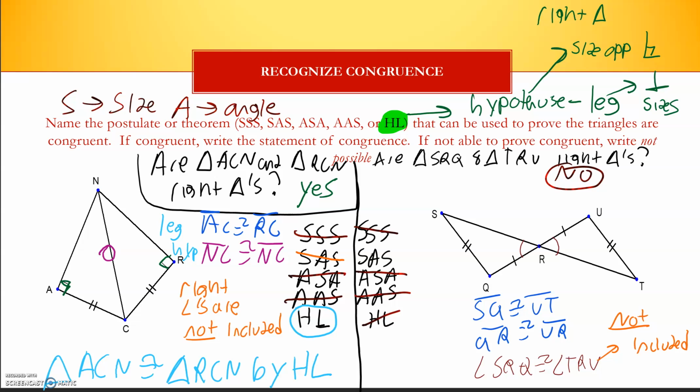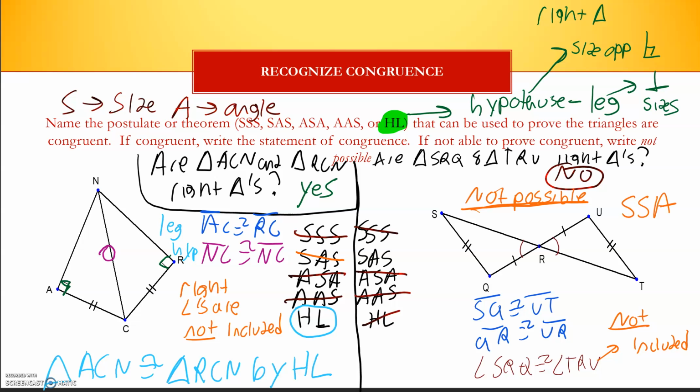They're not between two congruent sides. They're off in the other direction. This one is not possible. We know it's not possible because this would be side-side angle, which is not possible if we don't have a right triangle, which we don't here.